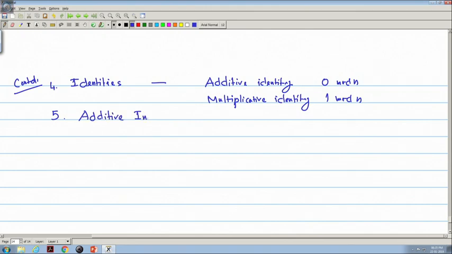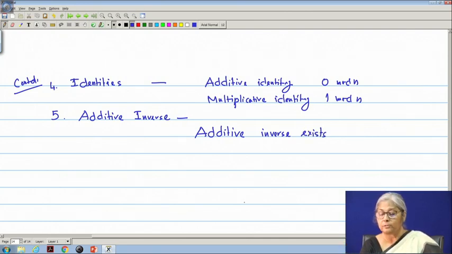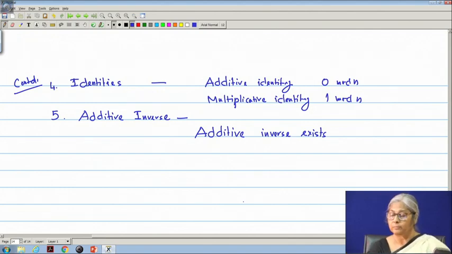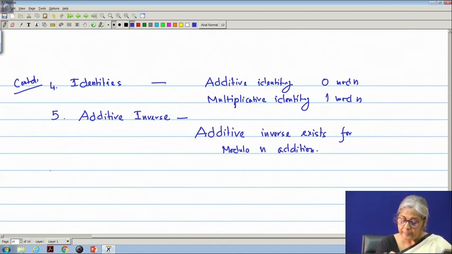So, what we have seen is that the additive inverse exists when we have taken the modulo n operation, for modulo n addition. So, it is a ring or commutative ring.